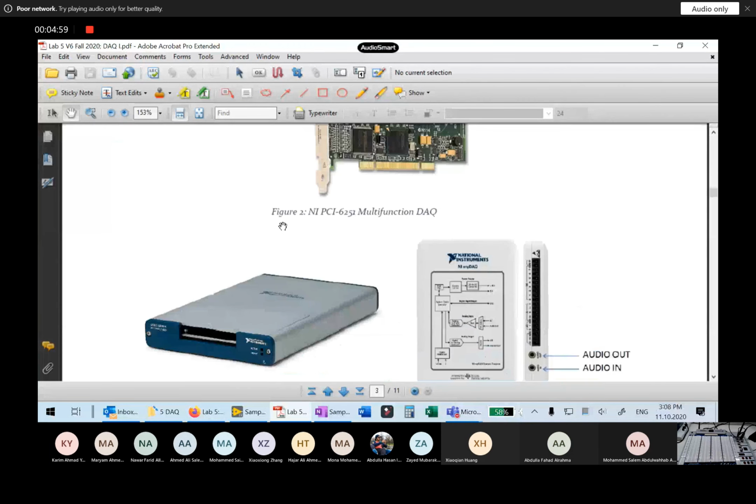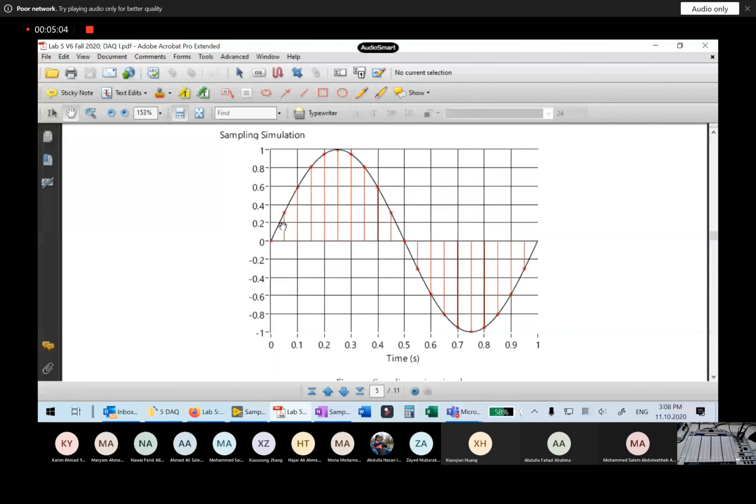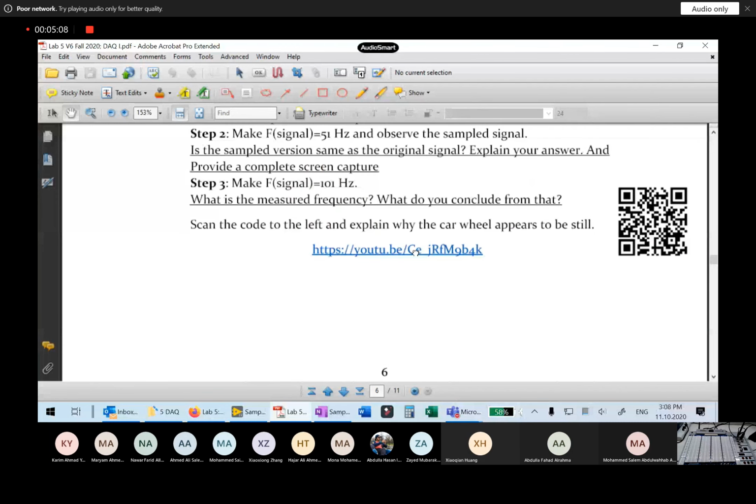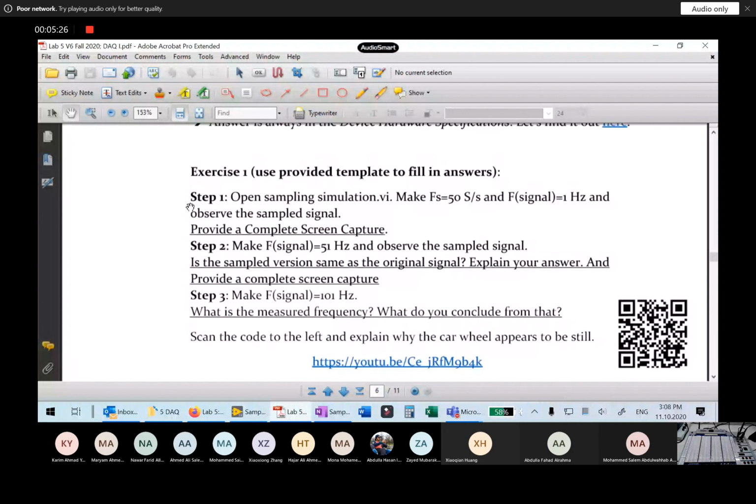If you go to page number 6, you'll see exercise number 1. Generally, you have these underlined questions or instructions. For these, you have to provide an answer in the report template. For example, step 1 says provide a complete screen capture.